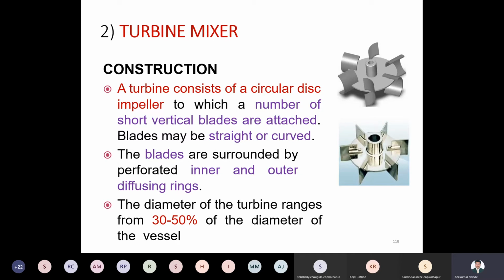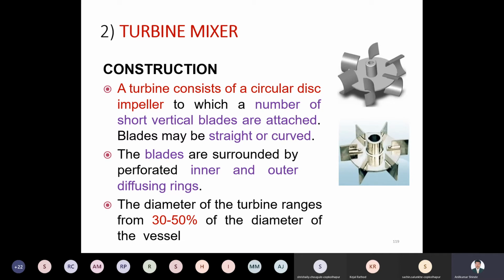So both sides are attached with blades. The diameter of the turbine ranges from 30 to 50% of the diameter of the vessel. Means if the diameter of the vessel is 100 centimeters, you can use a turbine mixer of 50 centimeters.